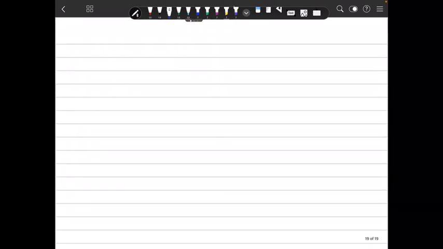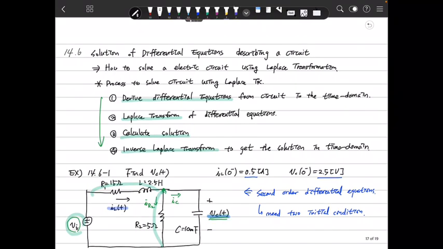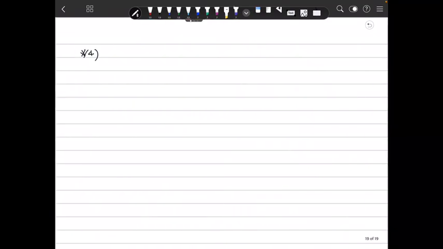Then the last step, step 4. Step 4 was inverse Laplace transform. Why? We want to get the time domain solutions.